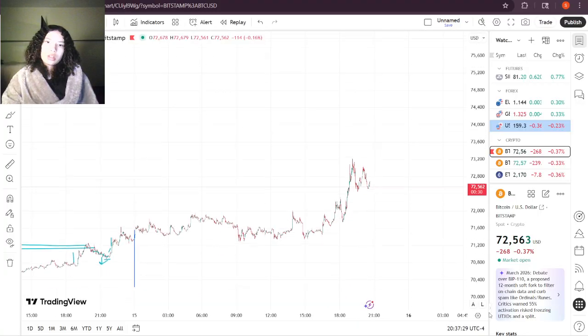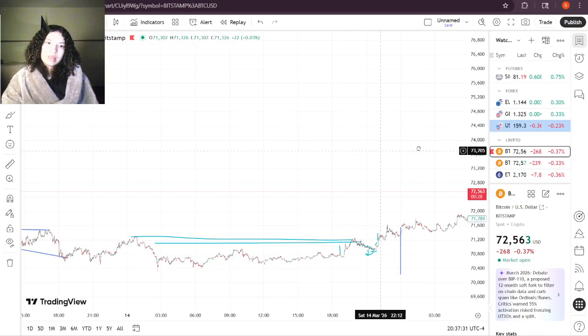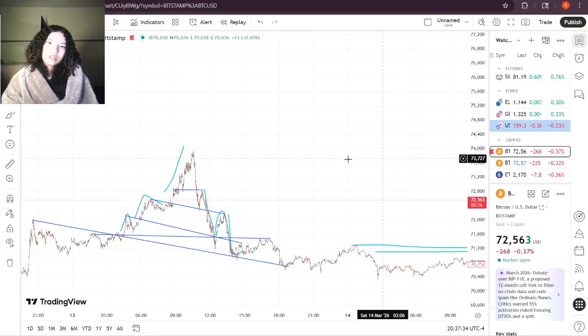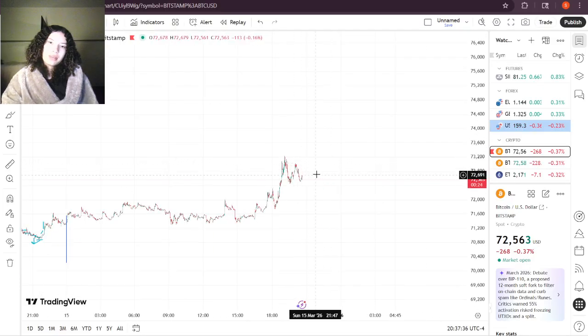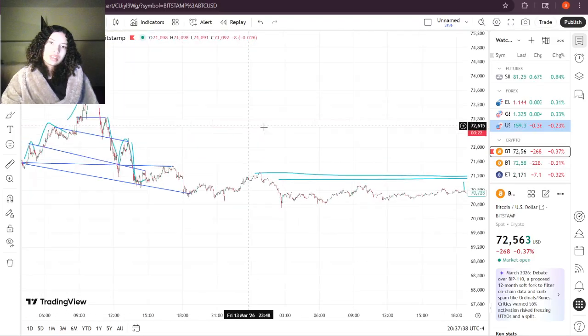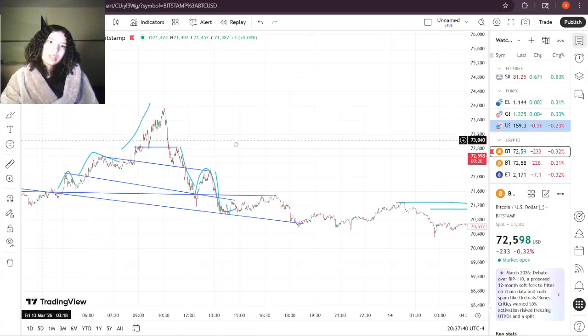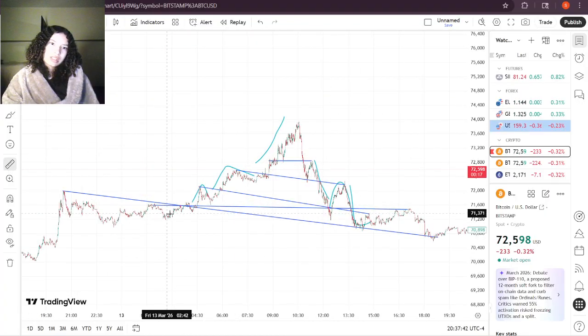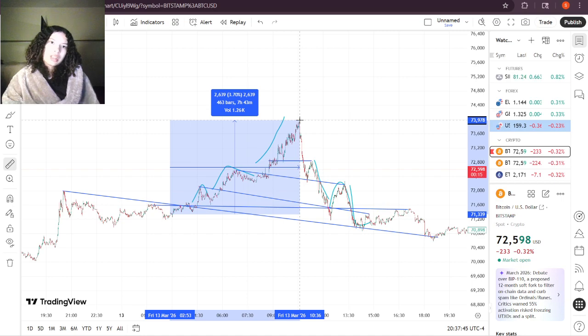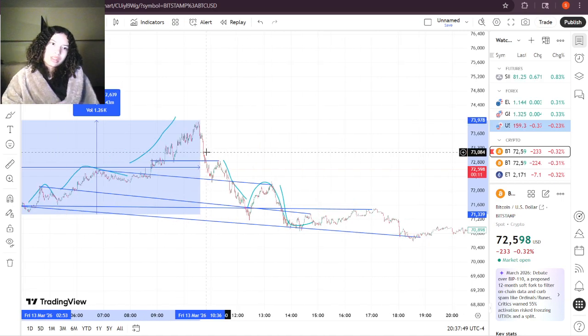A massive, massive one. It might be going up for a while now. Up and down. But how long did this streak take to go up? 7 hours of upwards motion.